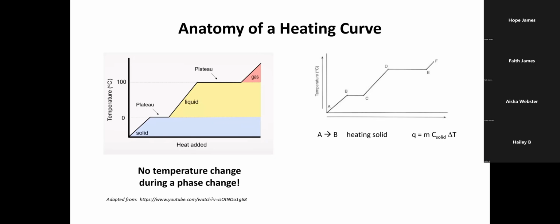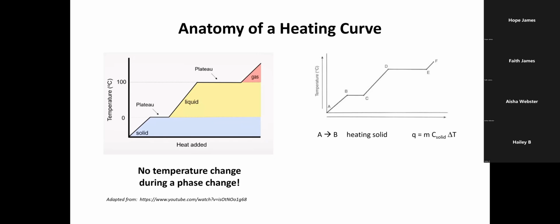All right. Now, trickier question. Between B and C, think about what process is going on there. Between B and C, we're melting. So how are we going to quantify the heat for the melting process? Again, it's not really a chemical reaction, but it's a physical change.